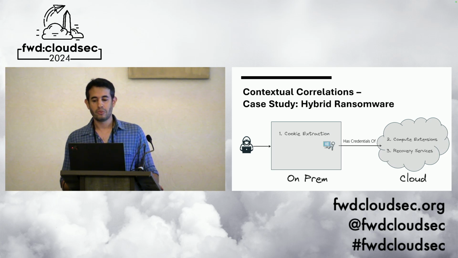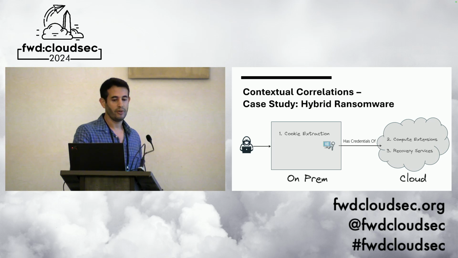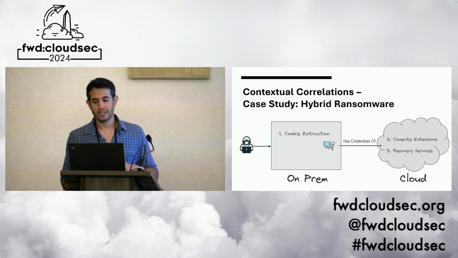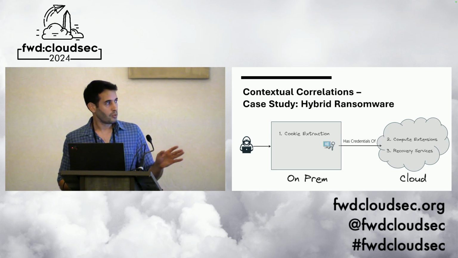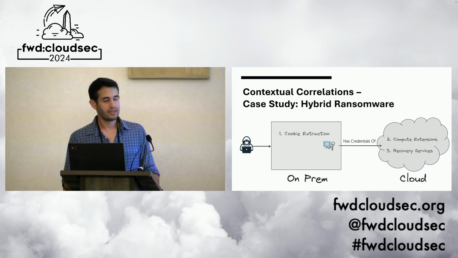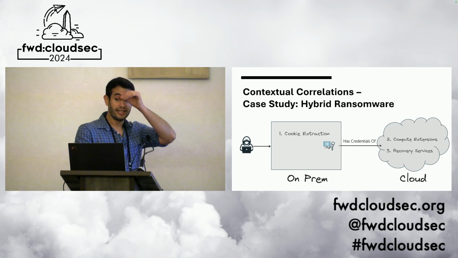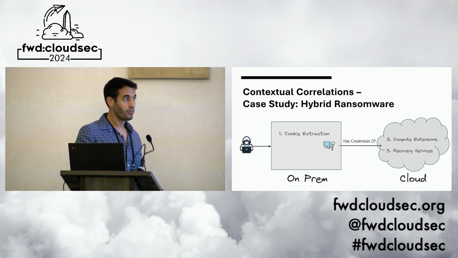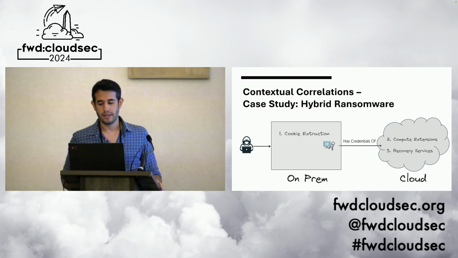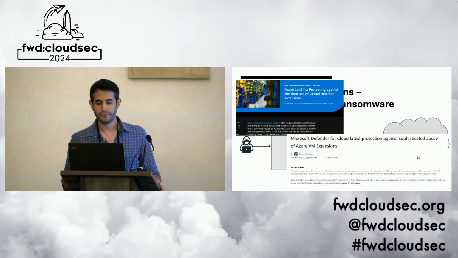And just to ground it a bit more, and for sharing some of our learnings, the threat actor extracted the cookie from the browser, but once in Azure, they used several compute extensions, which, as I mentioned earlier, are the cloud version of LOLBins, living off the land binaries, that an attacker can employ.